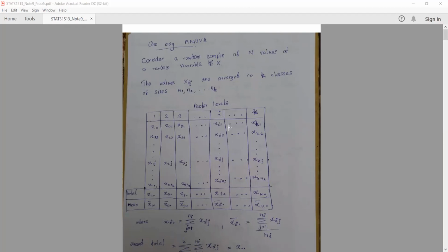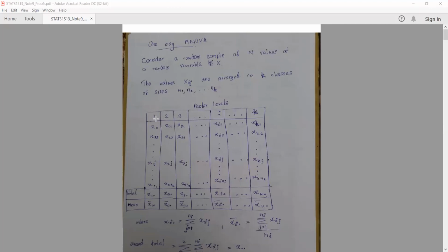Since we have several treatments and different numbers of observations, as I told you during the last lecture, the number of observations under each treatment can be the same or can be different. That doesn't matter in completely randomized designs. First, you can take the summation of the observations under each treatment.